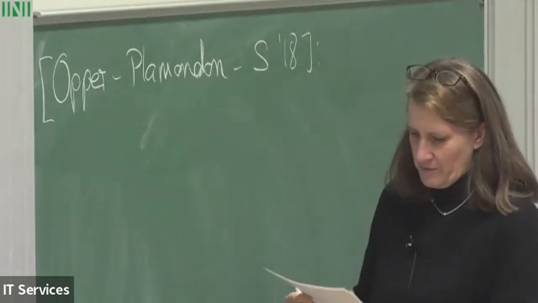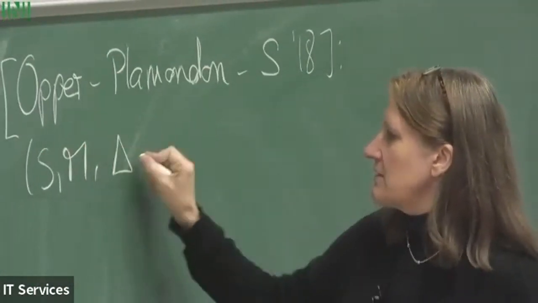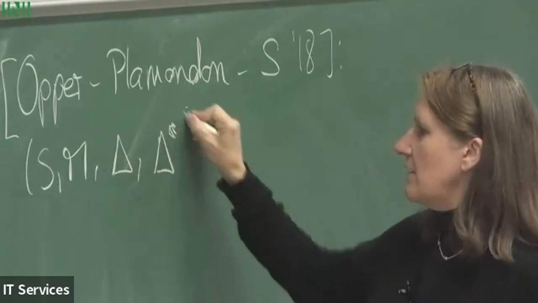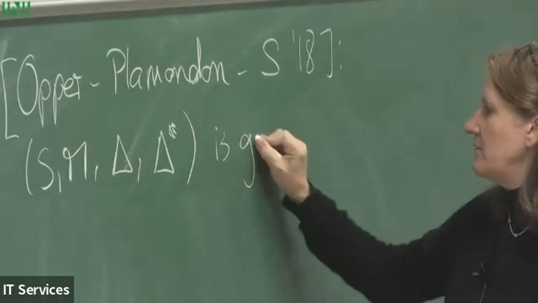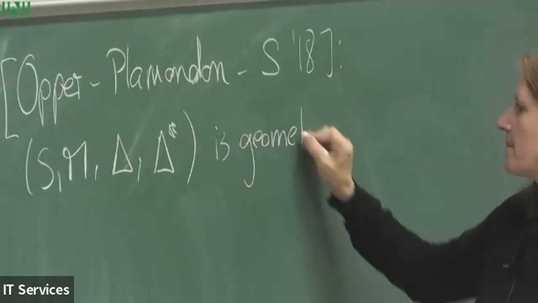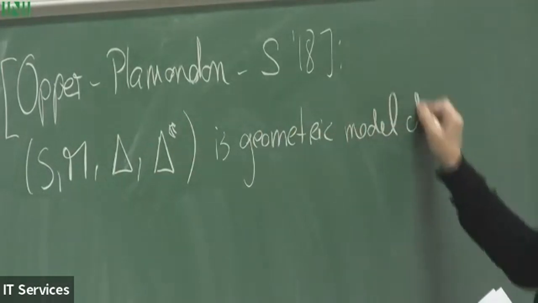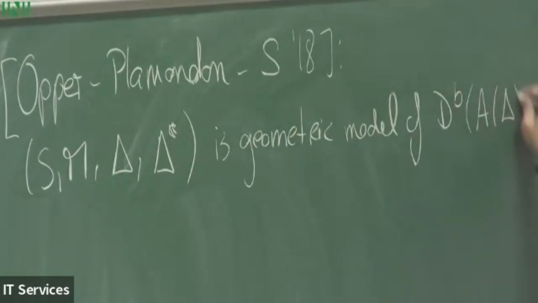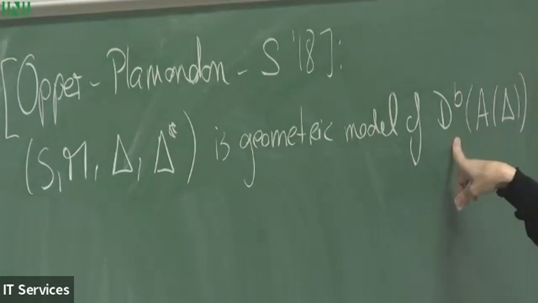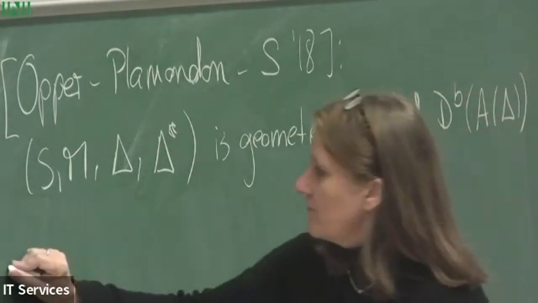Namely, we show that this surface model of the dual graph, delta star, is a geometric model of the derived category of this DG Gentle algebra with finite total cohomology. And it's given in the following way.